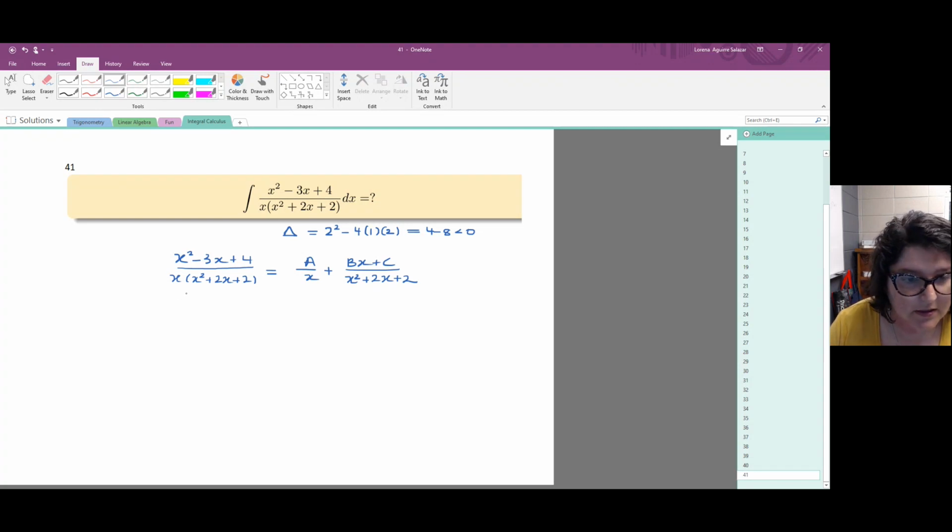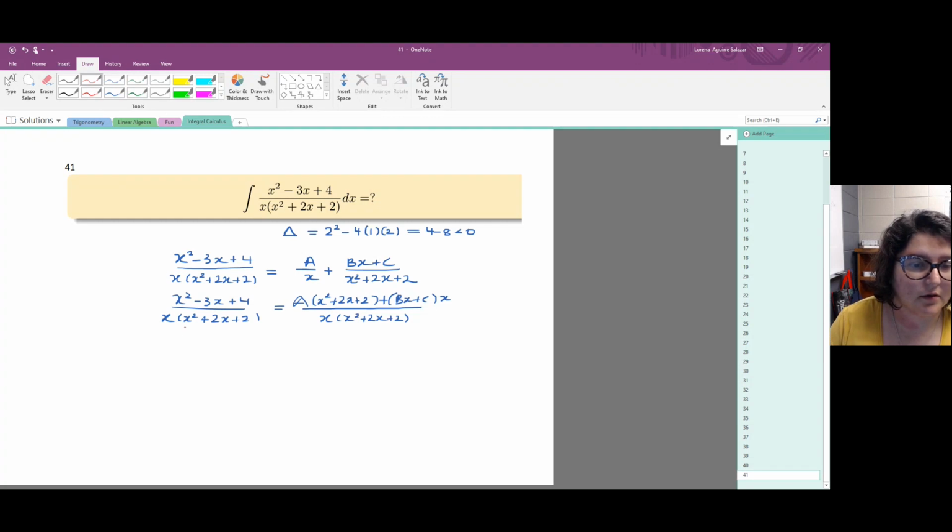So we're looking for x squared minus 3x plus 4 over this term. That has to be equal to, on the right-hand side, x times x squared plus 2x plus 2 on the bottom, and then on top we have a times the quadratic, and then plus bx plus c times x.